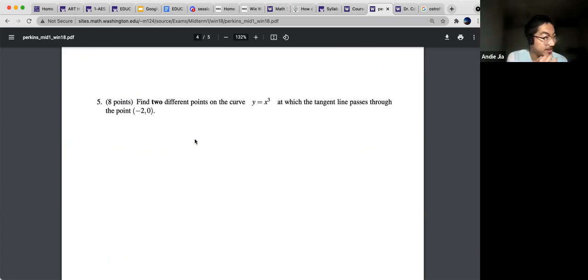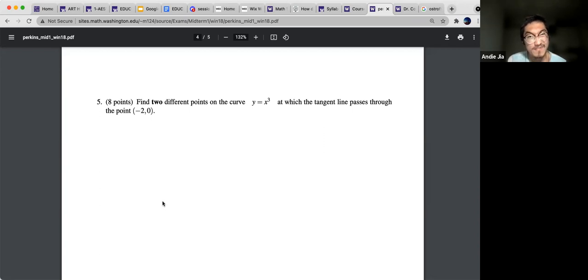So we need to find the derivative. It is y prime equals 3x squared. And the tangent line passes through the point (-2, 0). Then 2 different points on the curve whose tangent lines pass through the point (-2, 0).